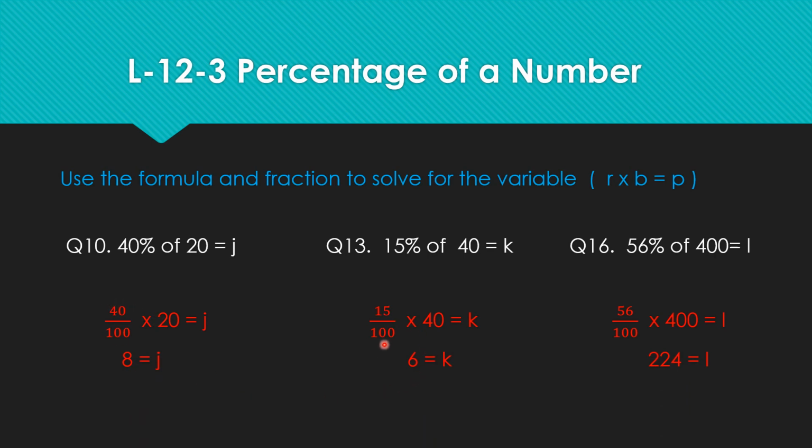Again in the same way, multiply: this cancels out, and what is the answer? 15 by 10 is there, then 3 by 2, and 2 also cancels with this 4. 3 and 2, it will be 6. 3 multiplied by 2 is 6. The same way here, 2 zeros cancel with these 2 zeros, and 56 multiplied by 4 is 224.